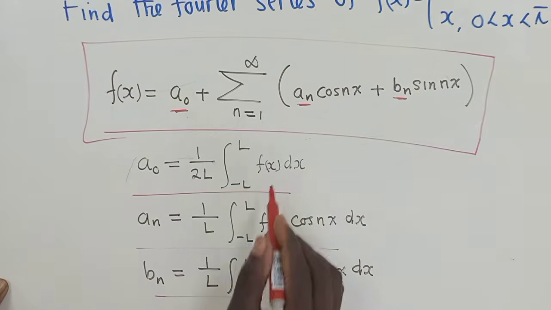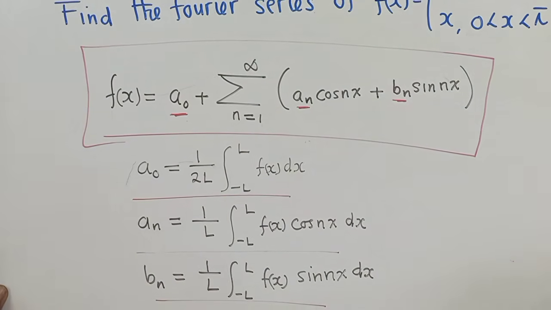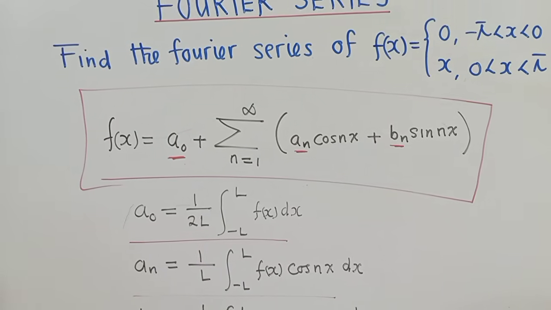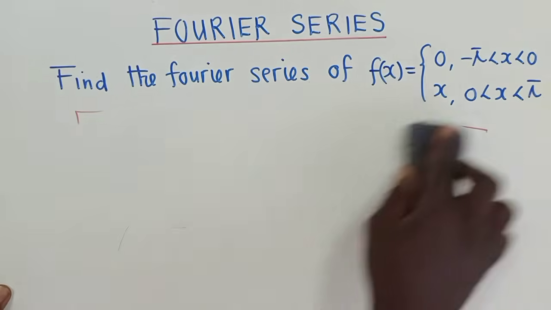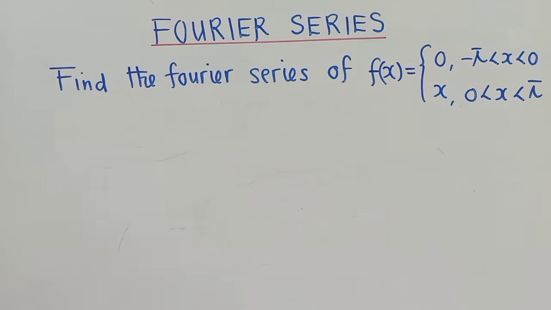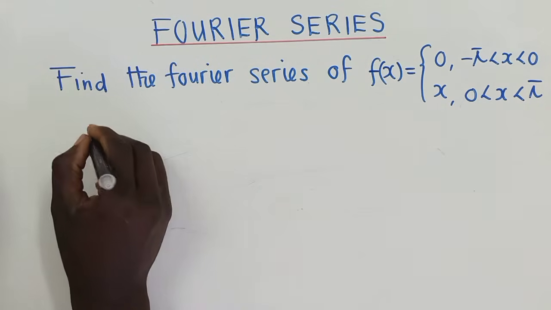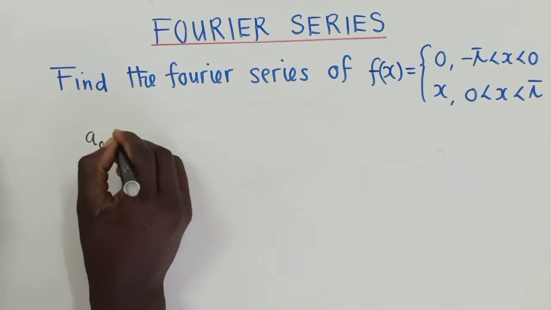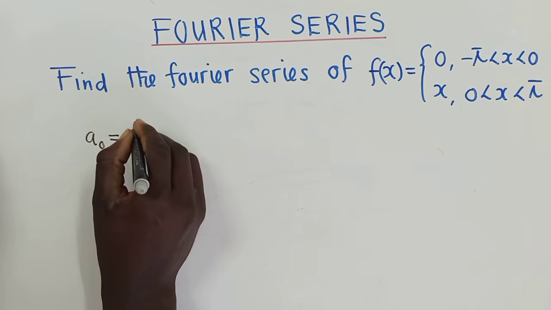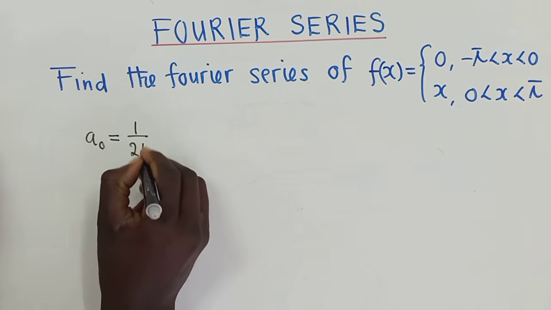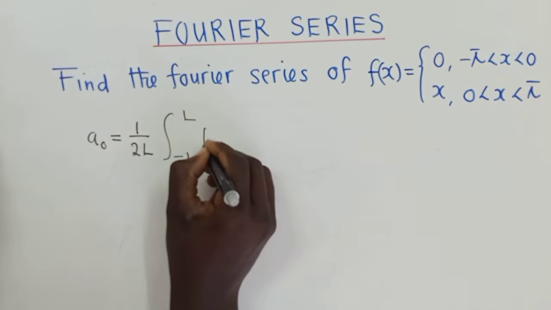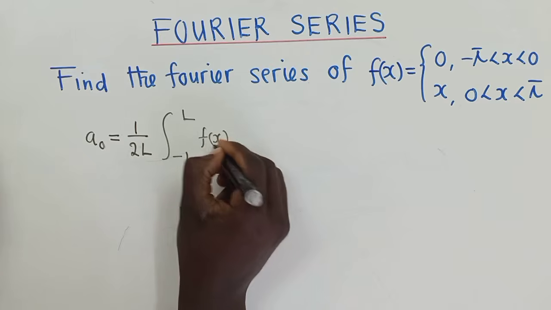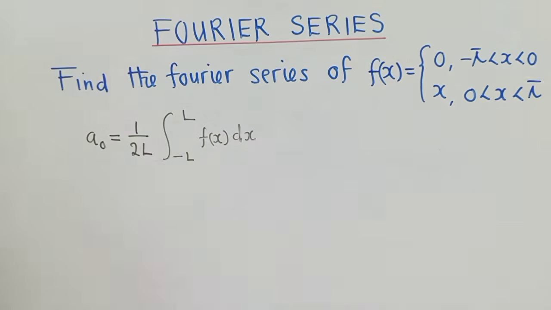So now we'll start with the first formula. So keep these formulas somewhere. If you can, copy and write them somewhere. So let me start with formula 1, which is A sub 0 is equal to 1 over 2L integral of f of x dx.